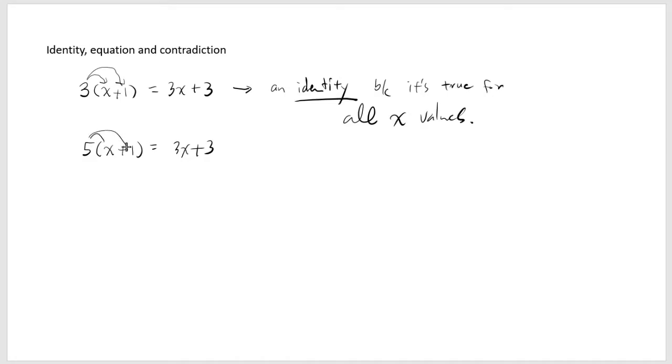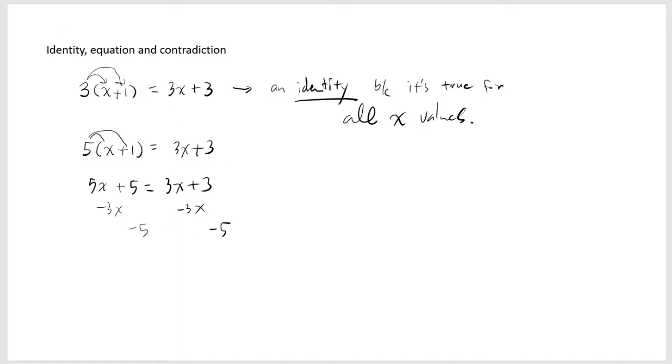So let's do that. If I multiply them, it's 5x plus 5 equals 3x plus 3. And then you subtract 3x on both sides and subtract 5 on both sides. What I'm really doing is I want to move this 3x to the left and 5 to the right.